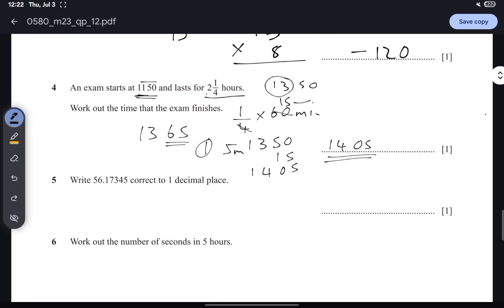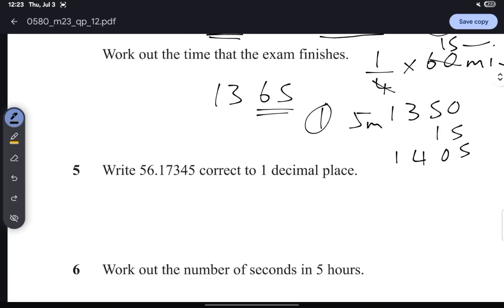Then number 5. Write 56.17345 correct to 1 decimal place. 1 decimal place, that's our first decimal place here, which is 1. So we look at the number that is next to 1 on its right. If that number is 5 or greater, we add 1 to this one.